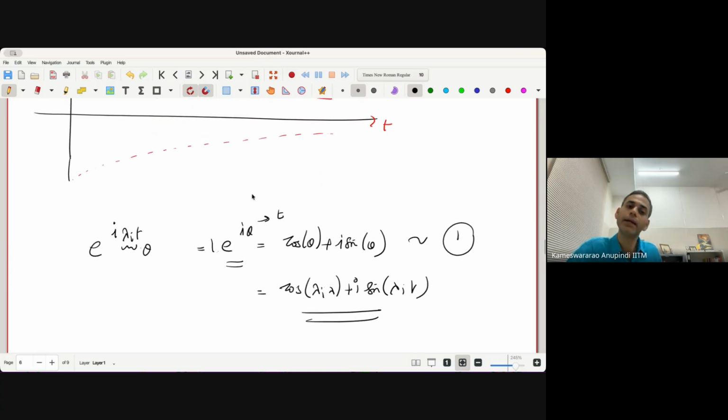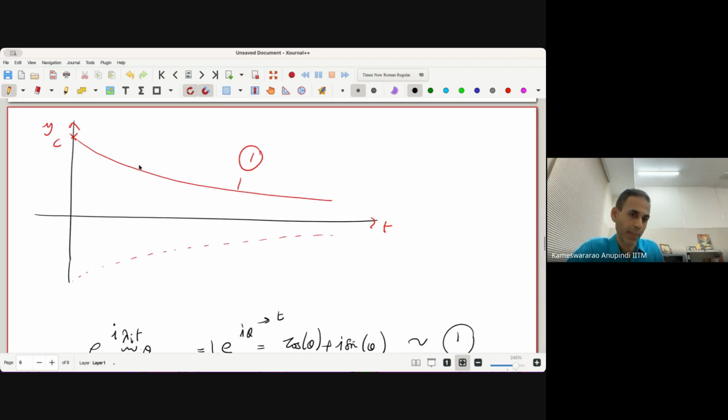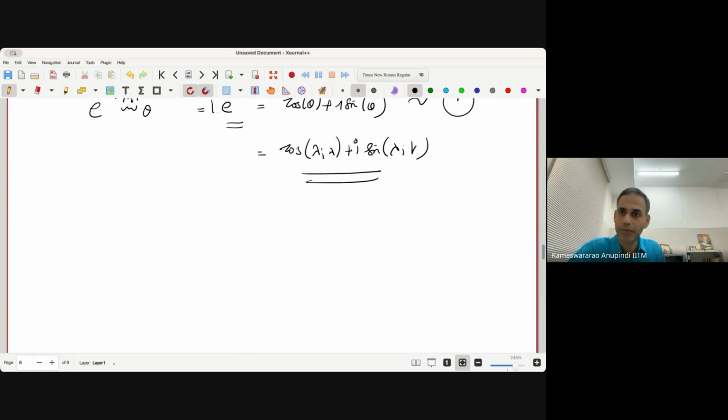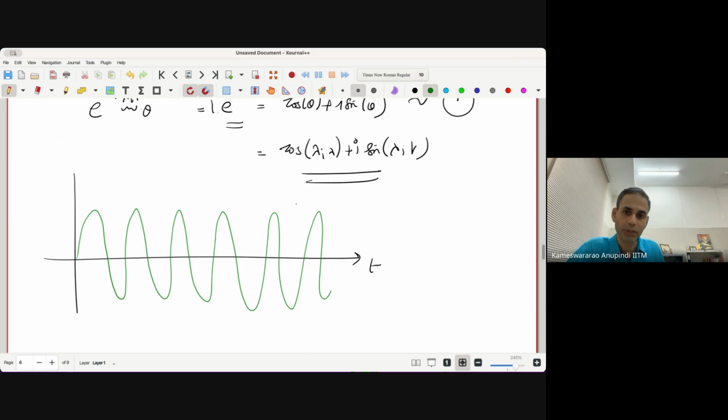If I'm only plotting e to the power i lambda_i t against time, it's going to look like some solution like this. Okay, now this has an amplitude of 1.